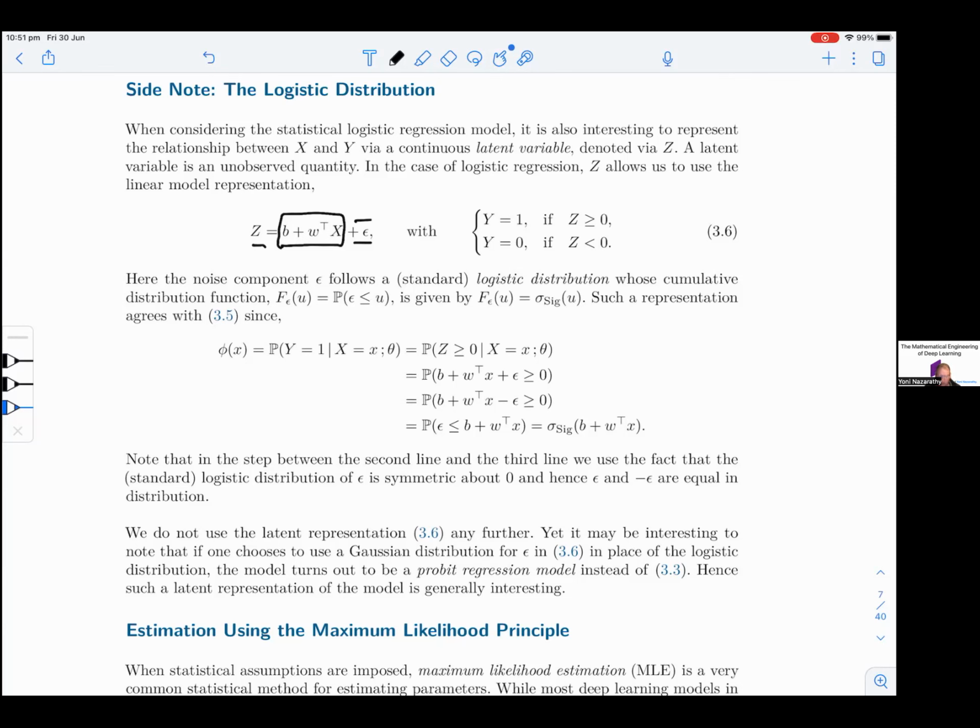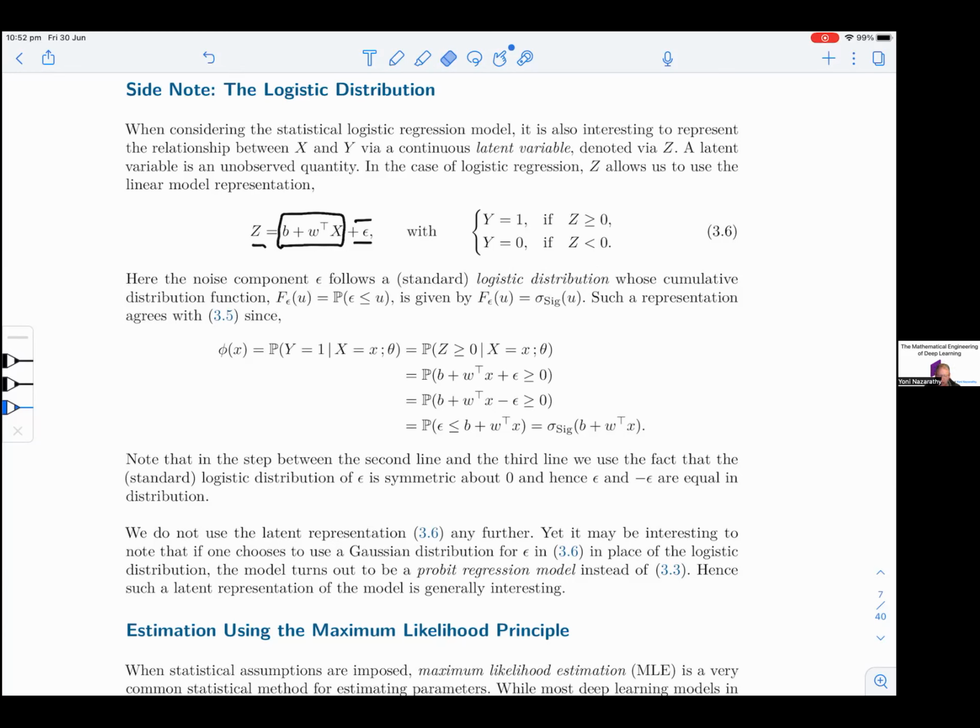Here, the noise component epsilon follows a standard logistic distribution, whose cumulative distribution function F epsilon of u, which is the probability of epsilon being less than u, is actually given by the sigmoid function. So a logistic distribution has a cumulative distribution function which is a sigmoid function.